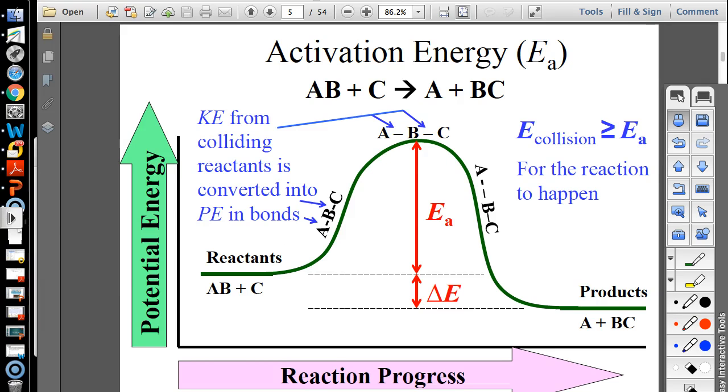All right, so when you're looking at these graphs, they're reaction pathways, okay? And so they show you what's happening with energy in a system during a reaction. Before you even decide anything, you need to look at one thing first, because it's what people mess up every time. You need to look at the amount of energy in the system or in the reactants when you start, and the amount of energy in the products.